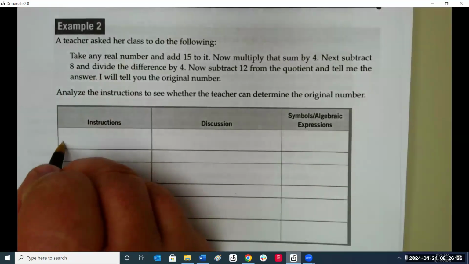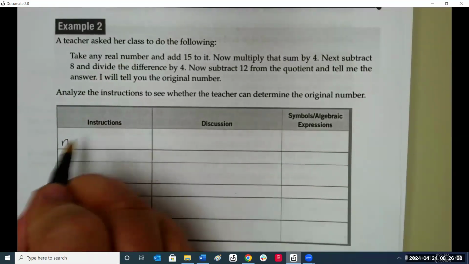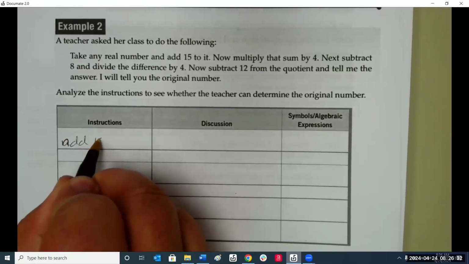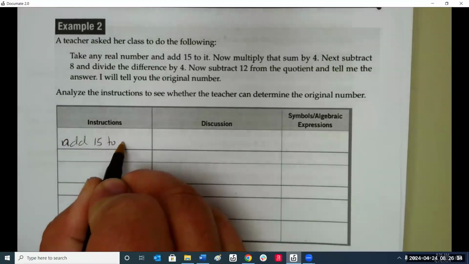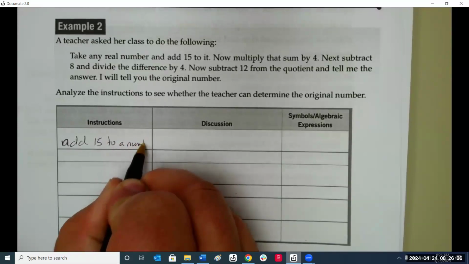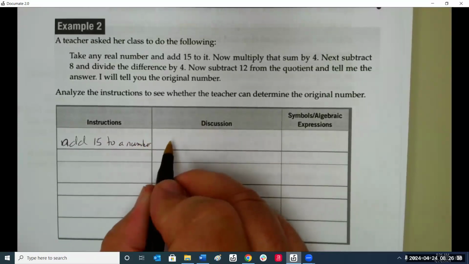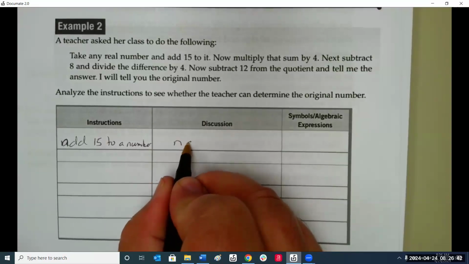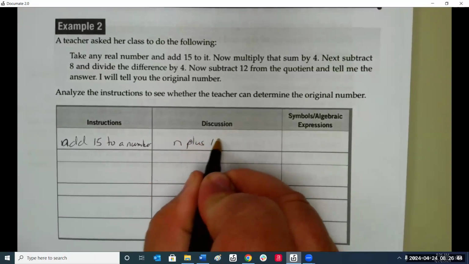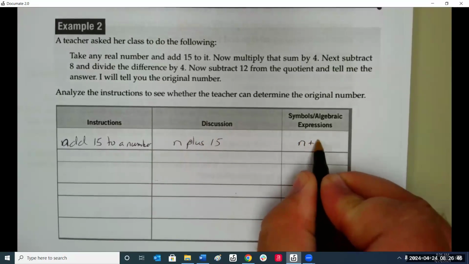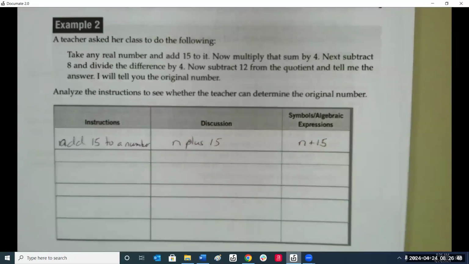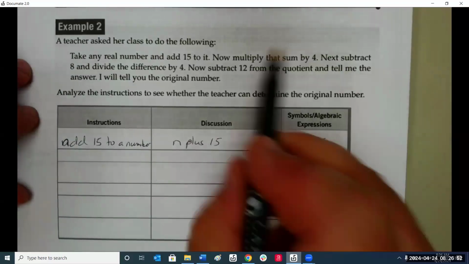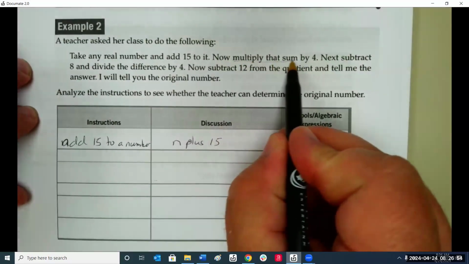Let's say N is a number. Add 15 to a number. So it's N plus 15. You added 15 to a number. Now, multiply that sum by 4.